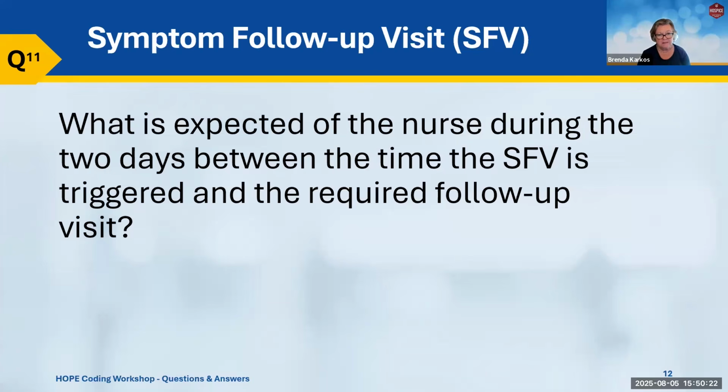The hospice clinical team is expected to be working toward managing and alleviating any distressing symptoms that are having an impact on the patient. In the guidance manual, we also note that although multiple symptom follow-up visits aren't required for the purposes of the HQRP, it is expected that the hospice staff will continue to follow up on any symptoms the patient continues to have.